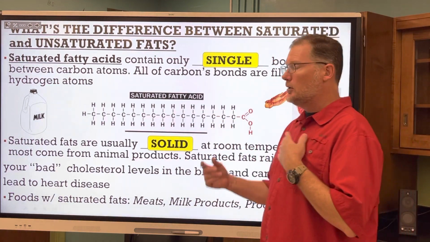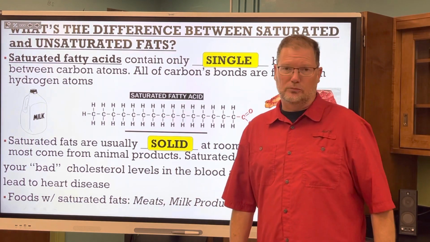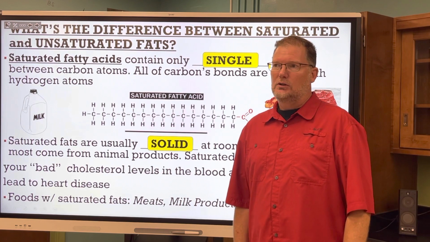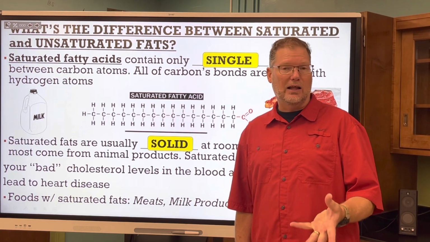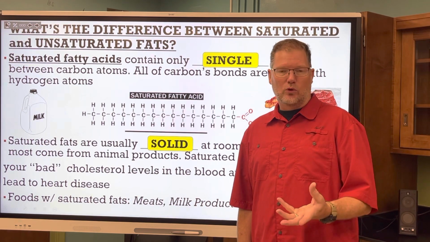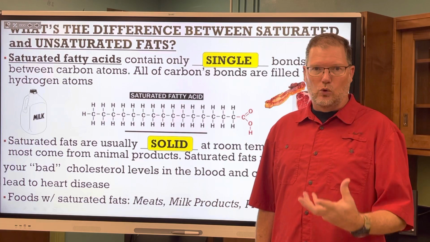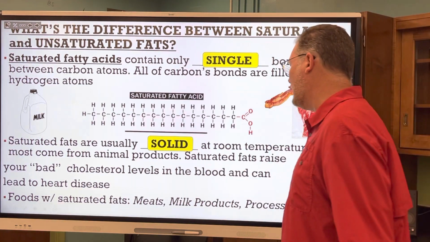Excuse me, and milk. Milk, you're like, what do you mean? You said they're solid at room temperature. Have you ever left a glass of milk out and seen what happens to it? At room temperature, it starts to solidify in the glass if it's been out for a while. But in the fridge, it's cool.